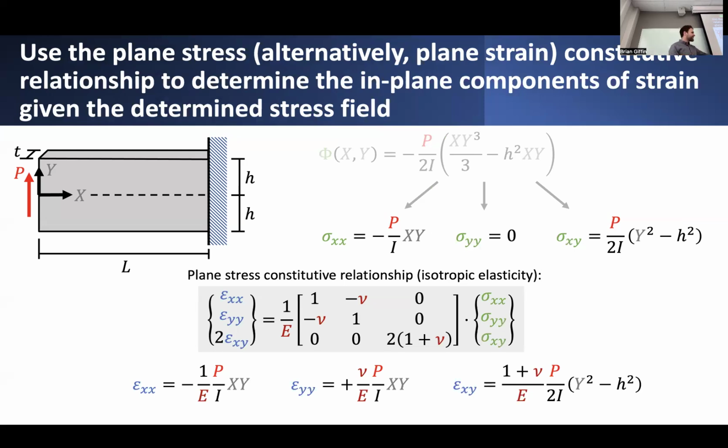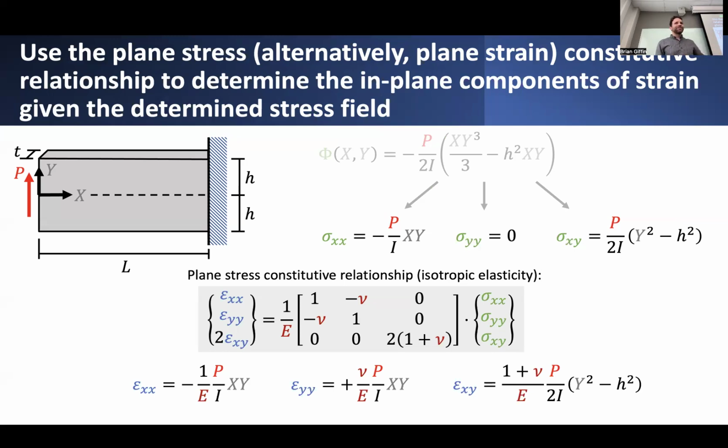And again, this is the special case of plane stress elasticity, so slightly different than the relationship you would get for three-dimensional elasticity in the stress-strain relationship, or even for plane strain. And from this, we can then derive the resulting expressions for the strain field, which look kind of similar, but they're also slightly different.